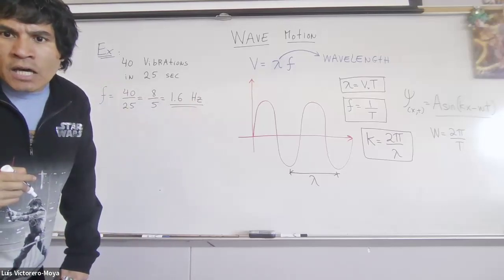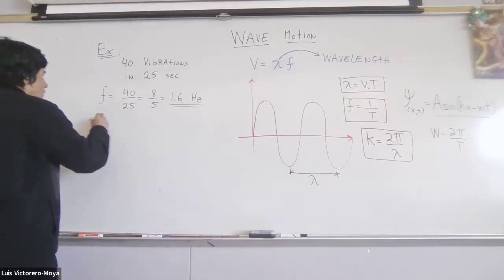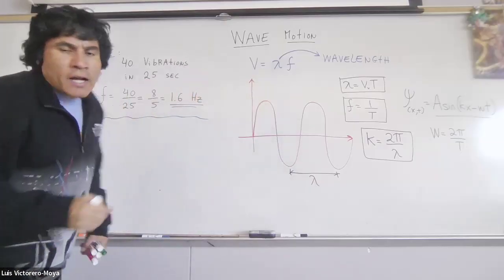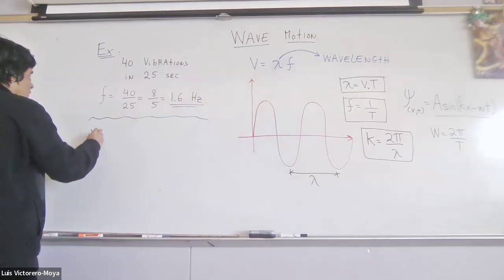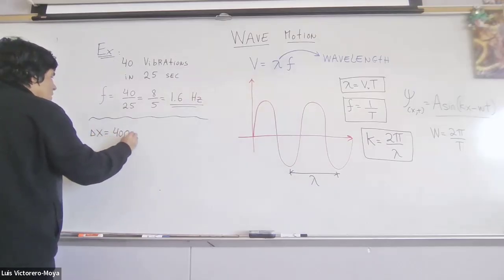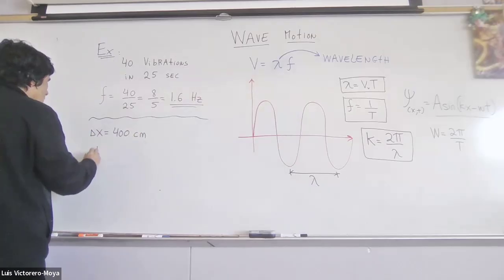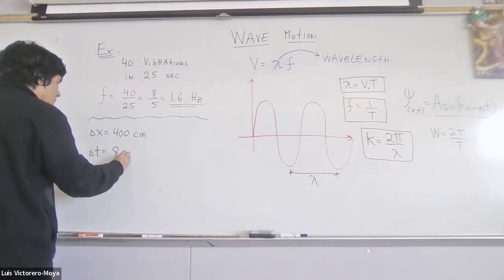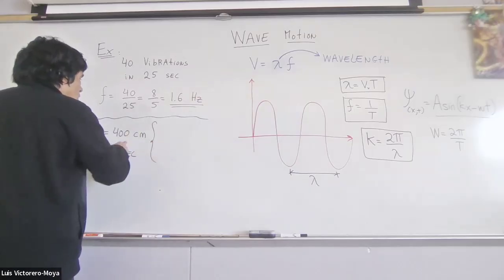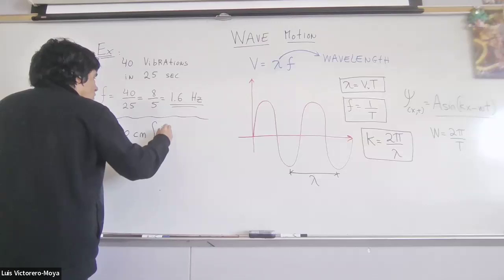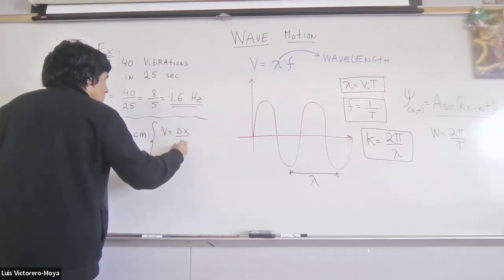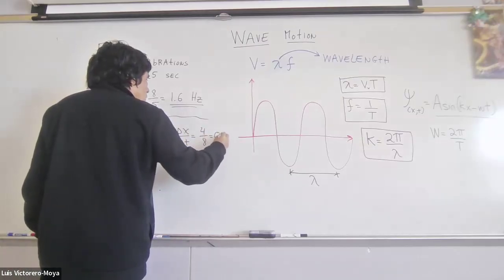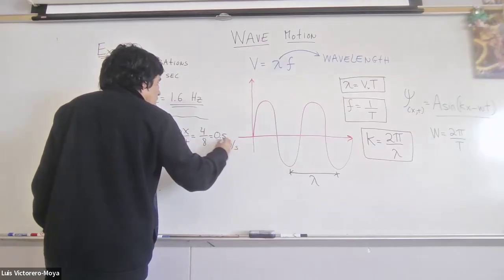And then they give you the distance traveled by the wave. It travels along the rope 400 centimeters. So delta X is 400 centimeters in a delta T of 8 seconds. 400 centimeters is 4 meters. So velocity is basically delta X over delta T, 4 over 8, 0.5 meters per second.